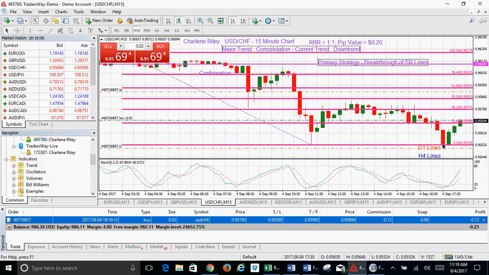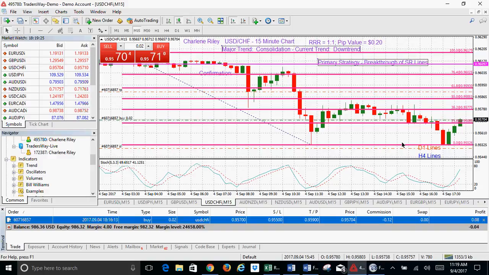It has held twice in the last hour, and also earlier today it held again. So, and then we can just see where it's going to go.